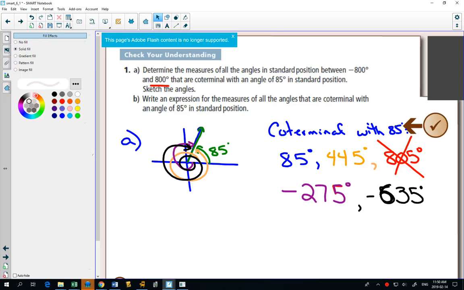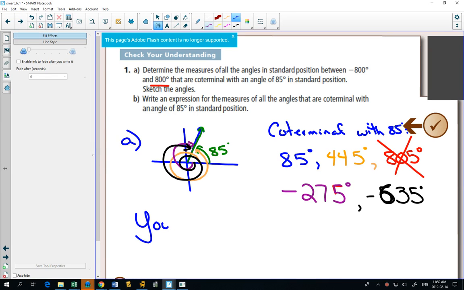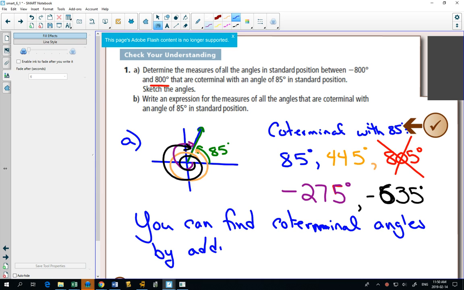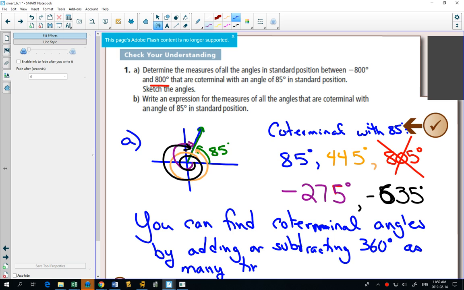So a thing that we noticed, you can find coterminal angles by adding or subtracting 360 degrees as many times as you want.